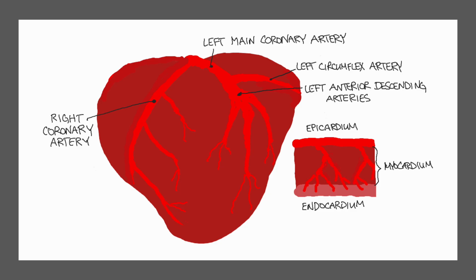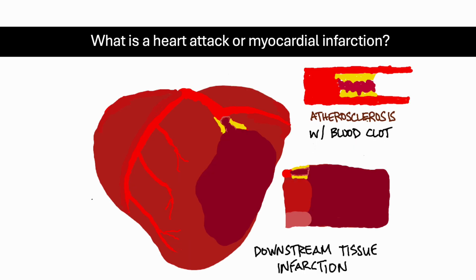This is a depiction of the heart and the major coronary arteries that are located in the epicardial space. Branches of the coronary arteries dive down into the myocardium to supply oxygen to all the tissue. A heart attack occurs typically from a coronary artery with atherosclerotic disease.